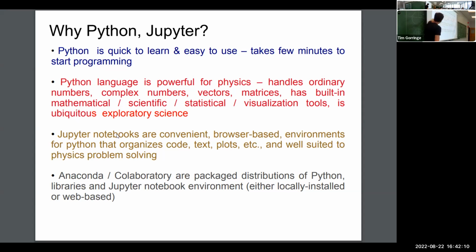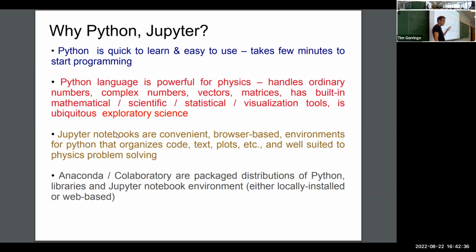It's pretty powerful for physics problem solving. It has a lot of the components that you need for physics problem solving. It has ordinary numbers, it has complex numbers, it has vectors, it has matrices. That's very useful stuff for physics problem solving.